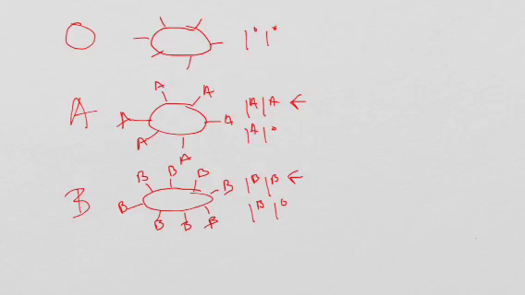Homozygous means they got two of the same dominant allele, so in this case we would say that the blood type is homozygous dominant for A.